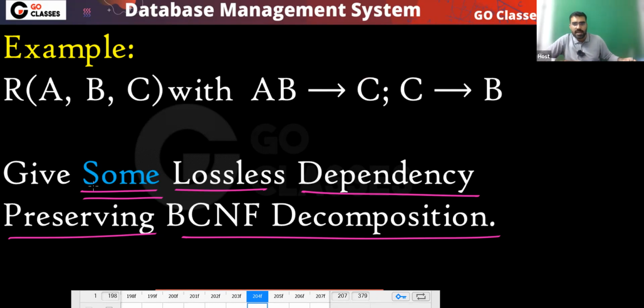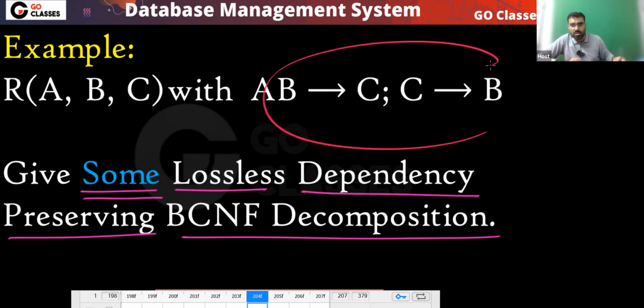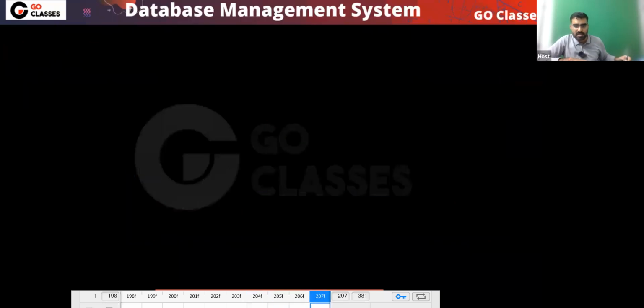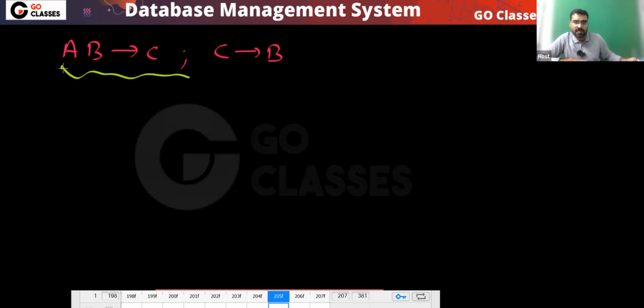Actually, in this question, whatever you try, you can never get one. Very simple observation you can make. You have AB determining C, and you have C determining B.